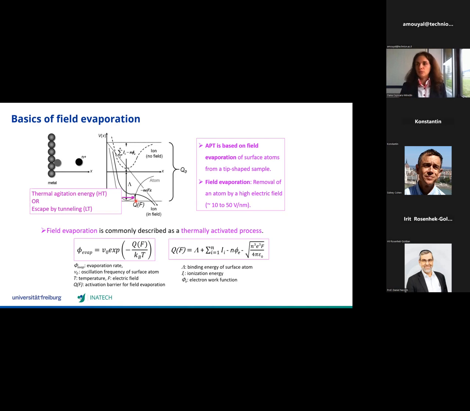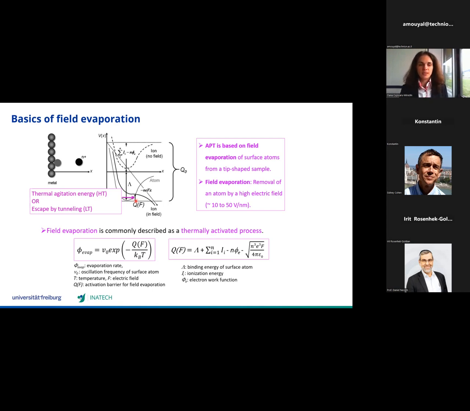If we apply a voltage pulse or voltage mode, then we are at low temperature condition, and overcoming this barrier would be done by tunneling. Because I'm working with semiconductors, a laser is a must to have within the atom probe.